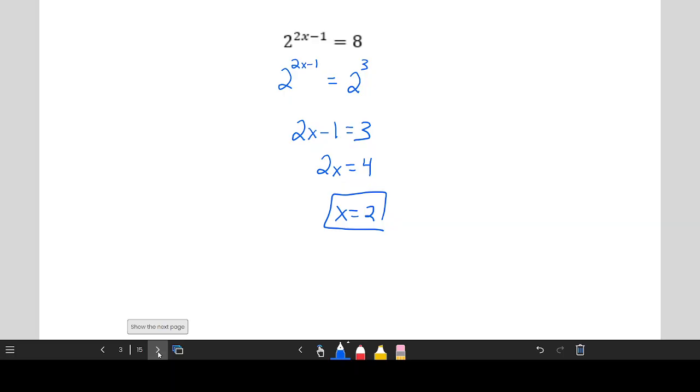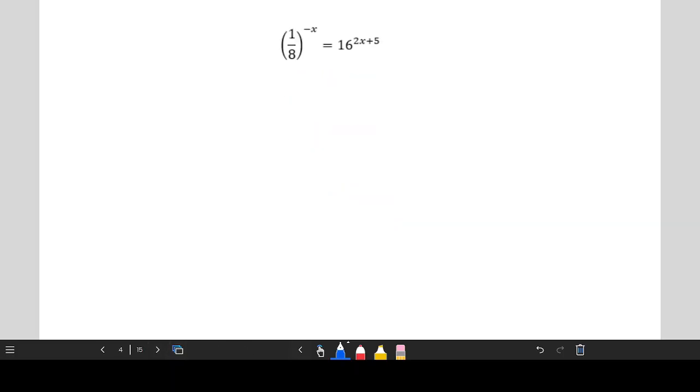Sometimes it's a little less obvious what base we need to use when rewriting both sides. For example, here we have 1 over 8 and we have 16. The first thing I'm going to do on the left is think of this as 1/8 to the negative 1, to the x, because if we have an exponent raised to another exponent, we multiply those.